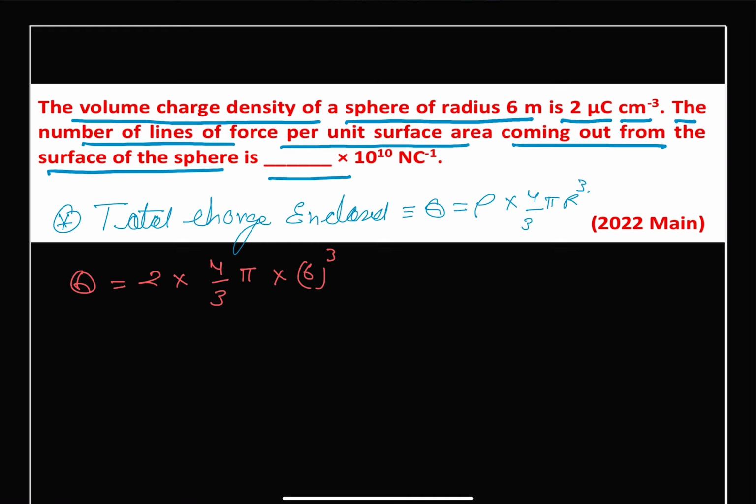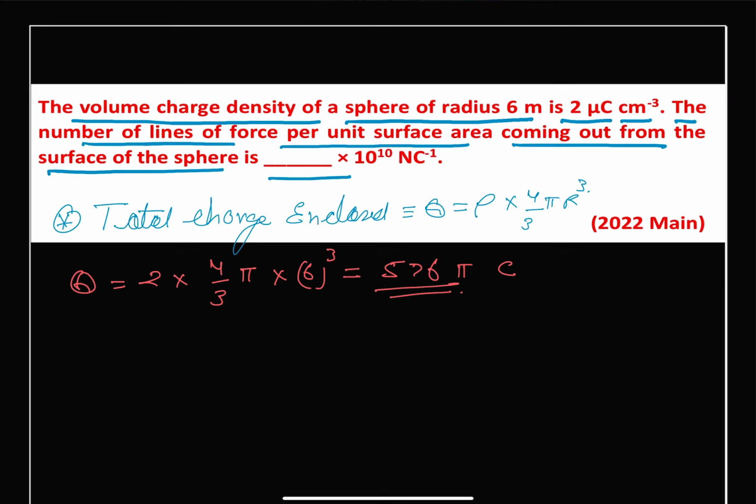This is per centimeter cube. From here we get 576 pi coulomb. So this is the total charge enclosed.